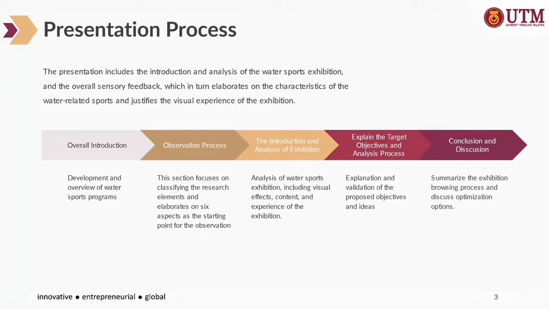And the last part is the conclusion and discussion. In this part, it is a summary of our entire research process and related discussion, which includes not only a summary of the exhibition content, but also further discussion on the development and planning of water sports in Malaysia and ideas such as combining water sports with regional culture to better promote regional development.